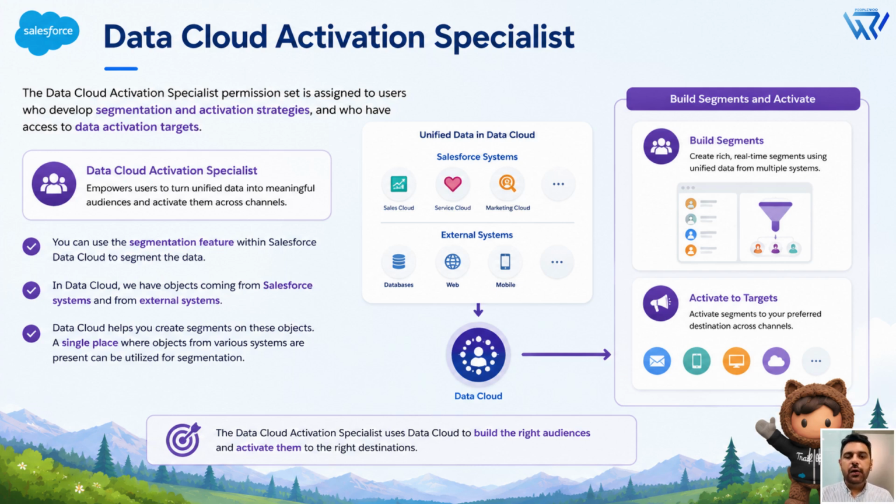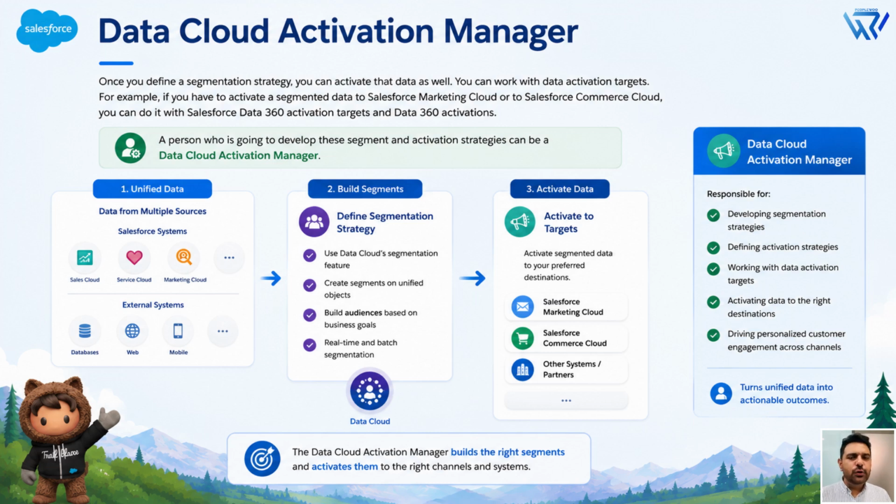In Data Cloud, we have objects coming from Salesforce systems and from external systems. Data Cloud helps you create segments on these objects; a single place where objects from various systems are present can be utilized for segmentation. And once you define a segmentation strategy, you can activate that data as well.